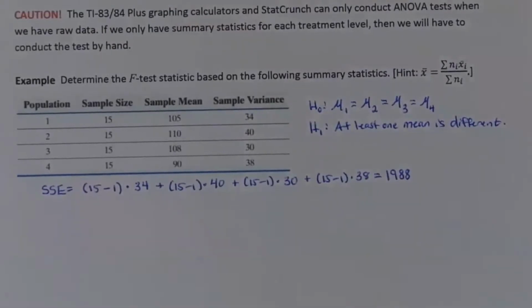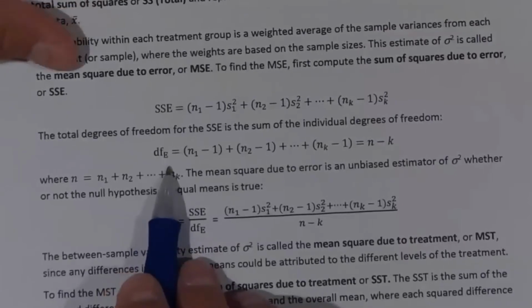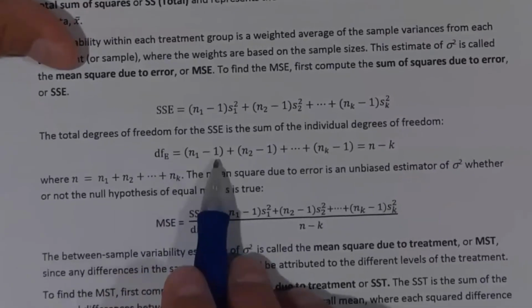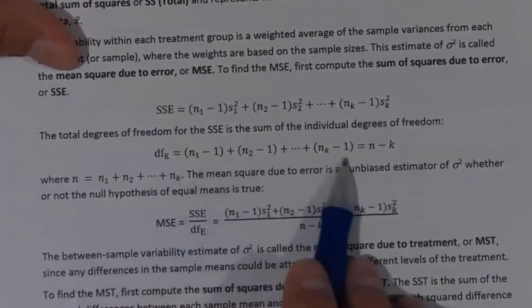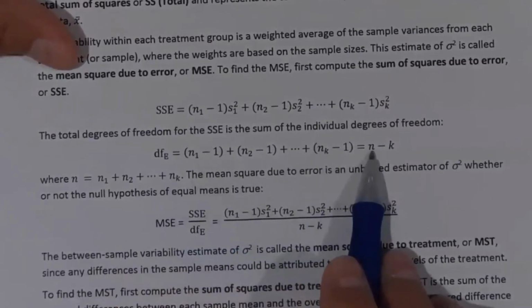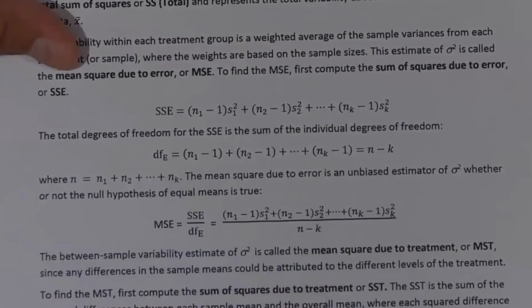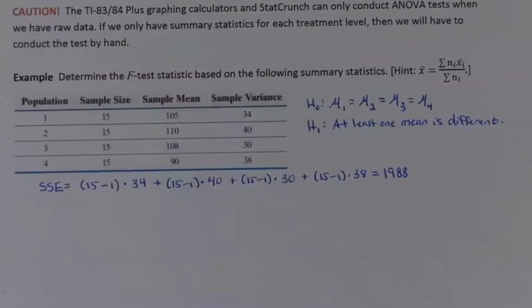Now, I also need to find the degrees of freedom due to error. And if you will remember, that will just be what we get if we add up all of the degrees of freedom for all of the samples. So in other words, that's going to equal n minus k, where n is the total number of data values and k is the number of categories that we have.